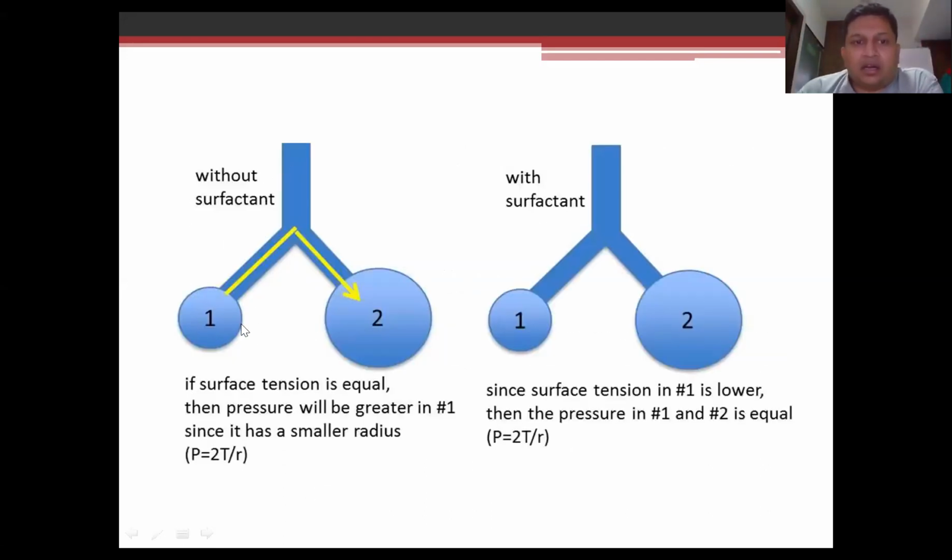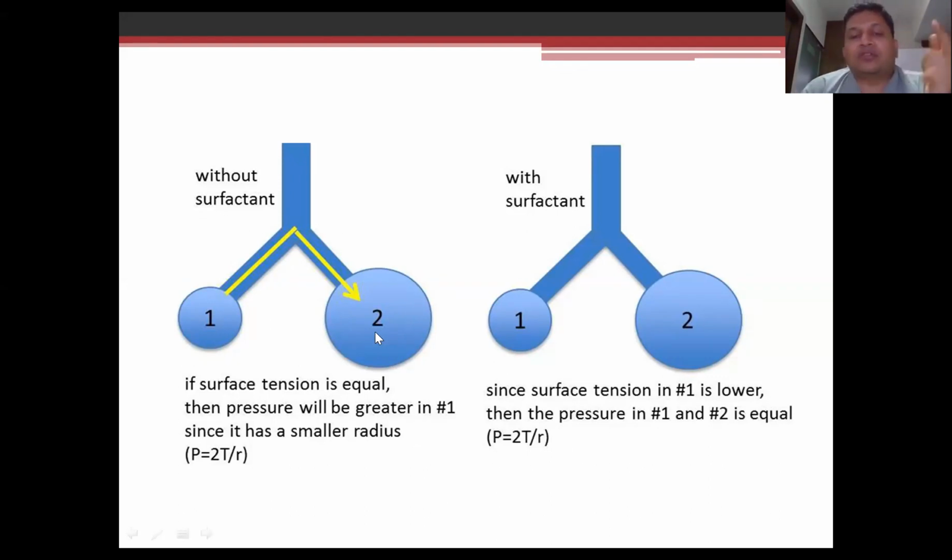If in our lung there is no surfactant, what will happen? The pressure in alveolus number 1 will be higher, and the pressure inside number 2 will be low. So what will happen during steady state? The air from the smaller alveolus will go into the larger one, because there the pressure is low.